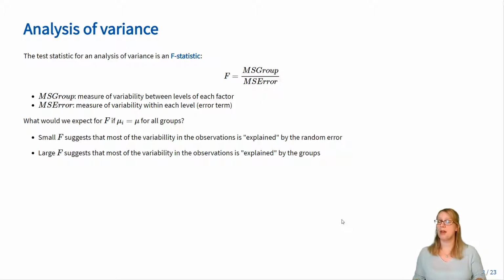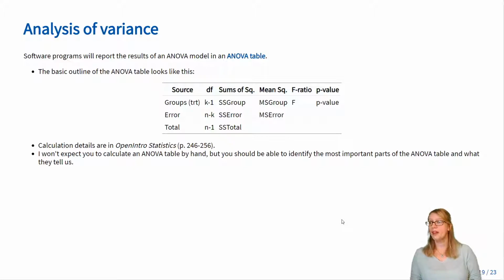It doesn't tell us much about the variation in the data. However, a large F statistic is going to suggest the opposite. That's going to suggest that we're explaining a lot more variation with that grouping term than we are with the error term.